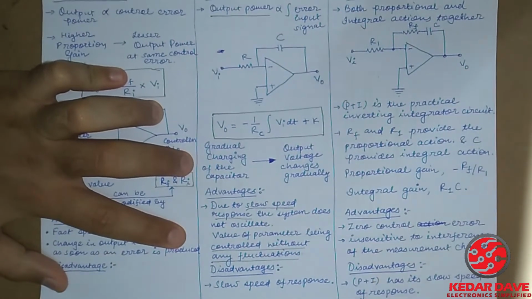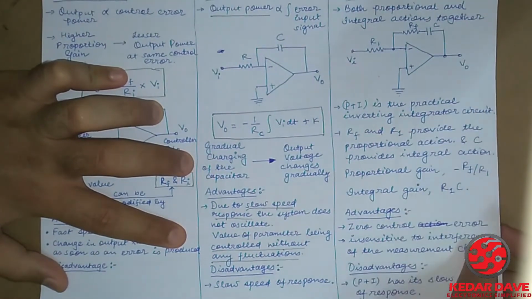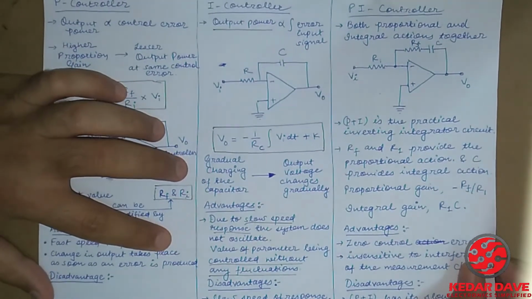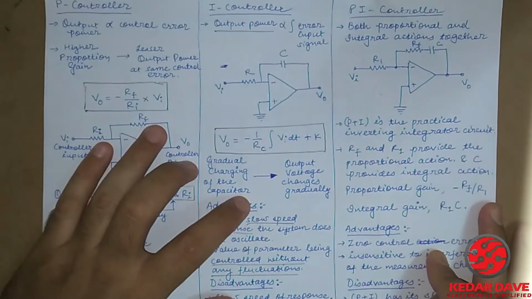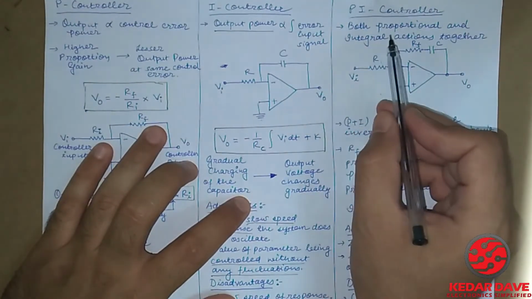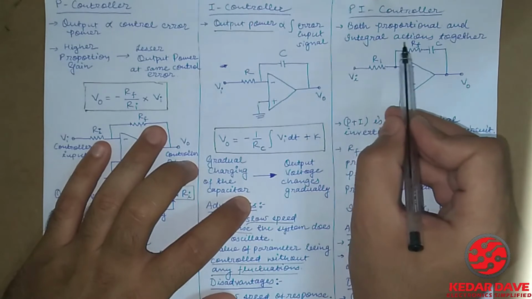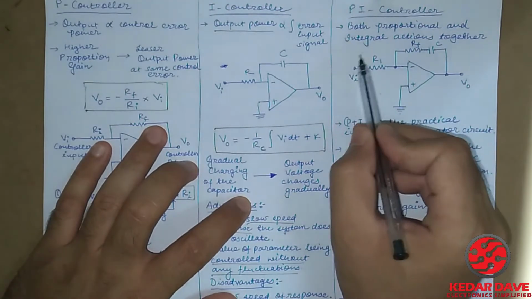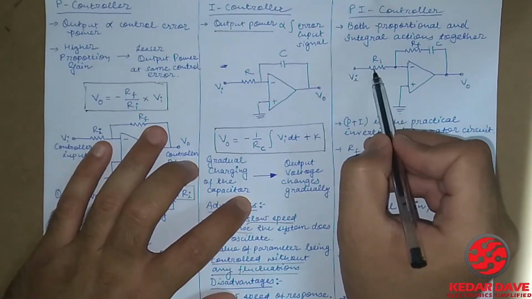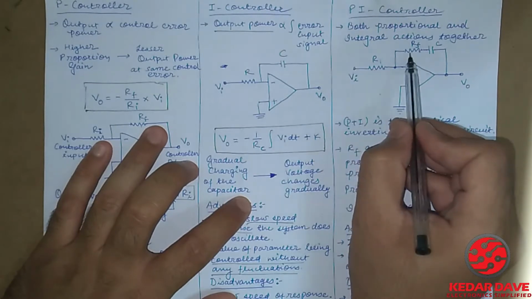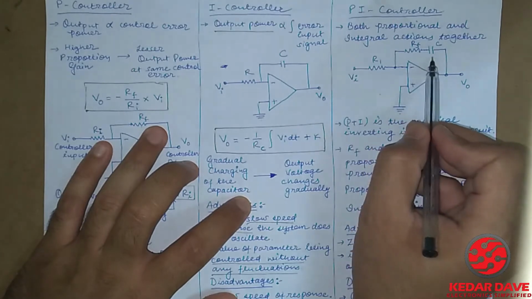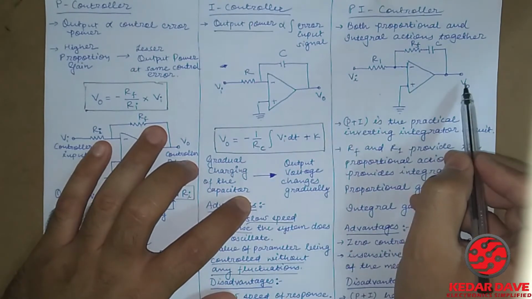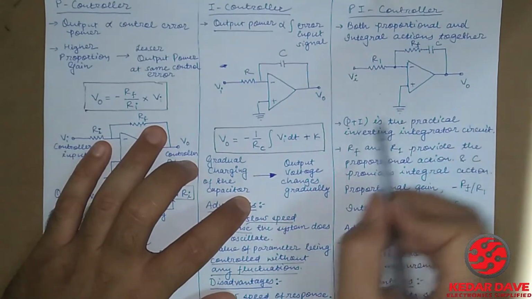Let's get into the PI controller now. Up till now we have discussed the P and I controllers. In this PI controller you can see both proportional and integral actions together. There will be one resistance and one feedback resistance with a capacitor connected in series, and the output is taken at this VO terminal.